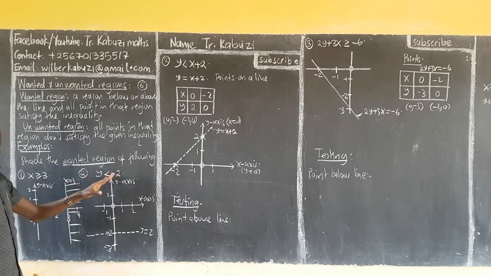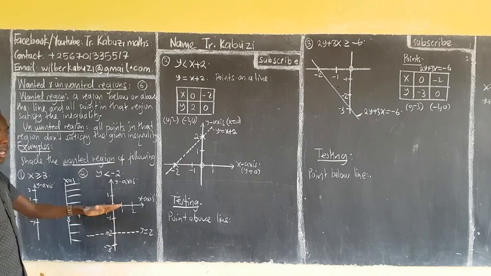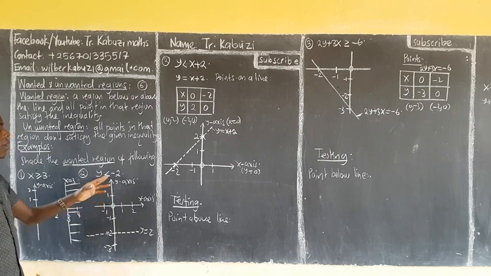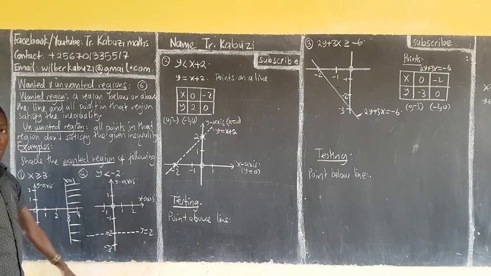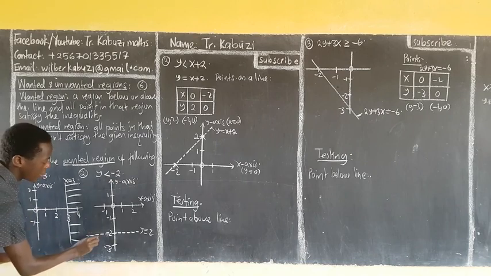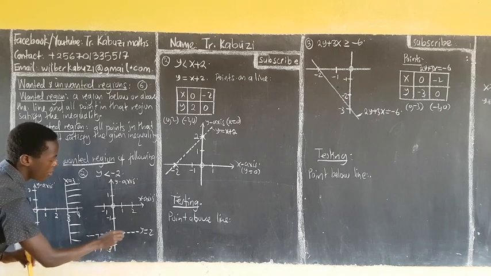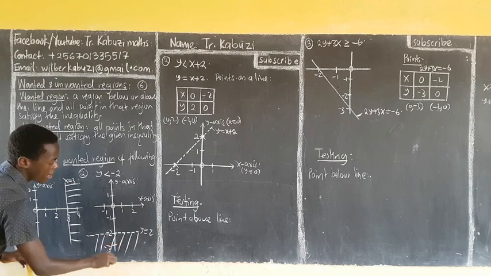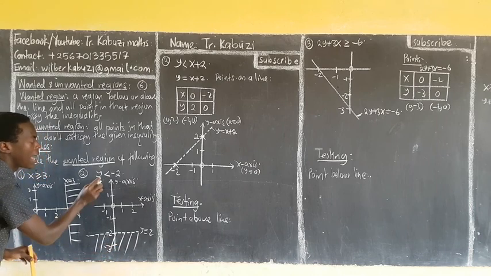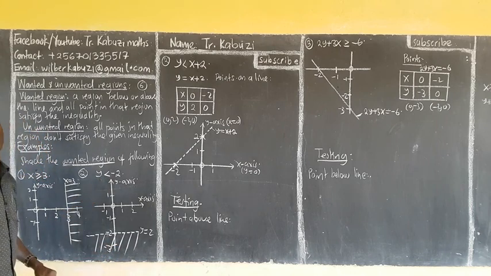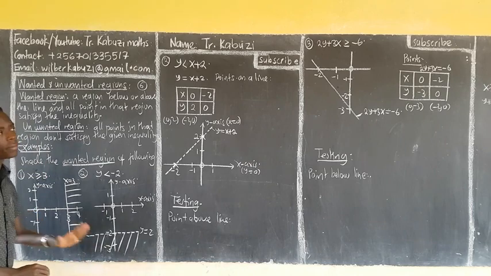So the points above this line are greater than negative 2, because positives are greater than negative 2. The figures below negative 2 are less than negative 2. So this is going to be the region. Why? Because all the y values in this region are less than negative 2. So that one becomes the wanted region.